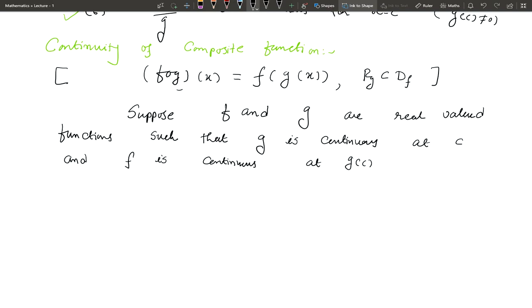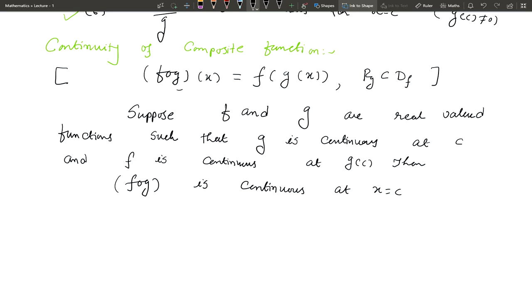Again, we have two real valued functions f and g such that g is continuous at c and f is continuous at g of c, then f of g is continuous at x equal to c.